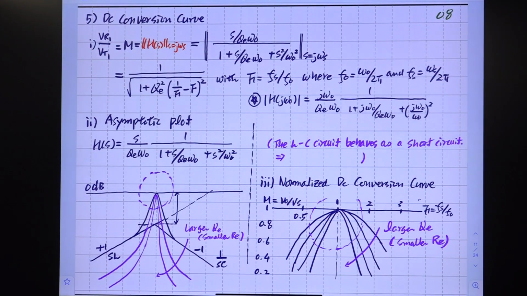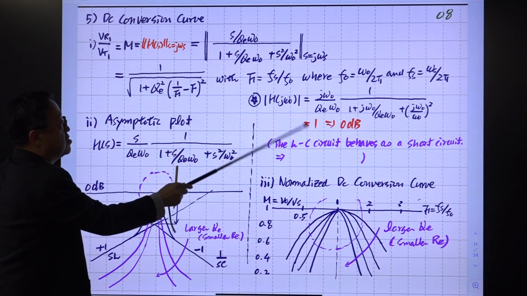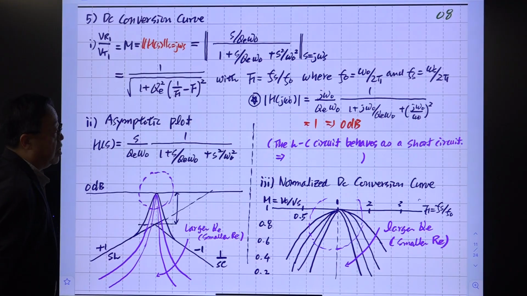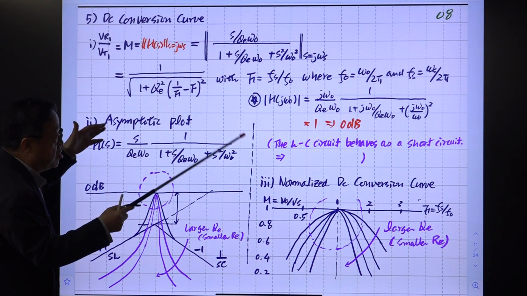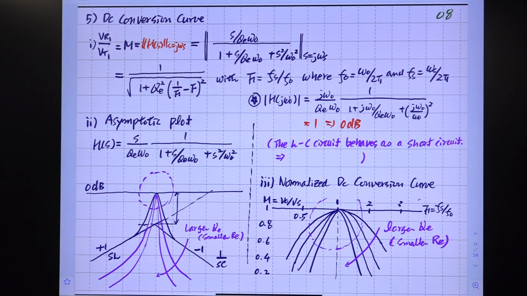And I plot that. Just to copy this. Okay, and that means if you evaluate this transfer function at this resonant frequency, everything cancels and it just becomes 1. So the magnitude is 0 dB, 1. Okay, and in terms of circuit analysis, the LC circuit behaves as a short circuit at the resonant frequency.